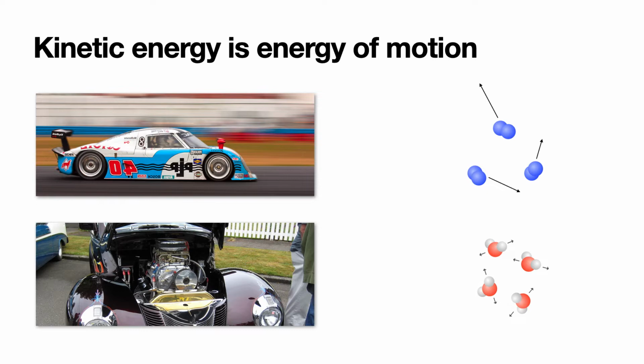And kinetic energy shows up directly in the temperature of objects. So the relationship is a little bit complicated, but a very good rule of thumb is that high temperature is correlated with high kinetic energy. And so, as the temperature of an object increases, the kinetic energy of the particles in that object is getting higher and higher.